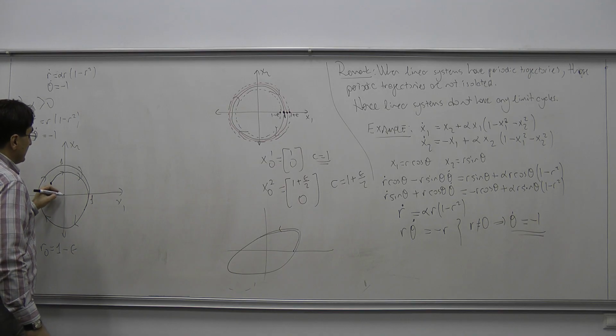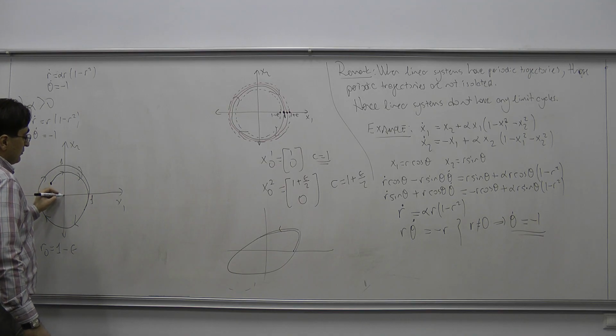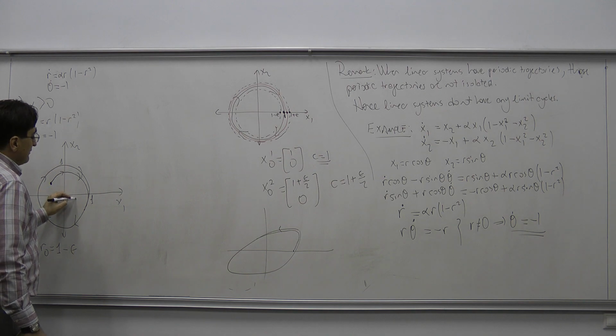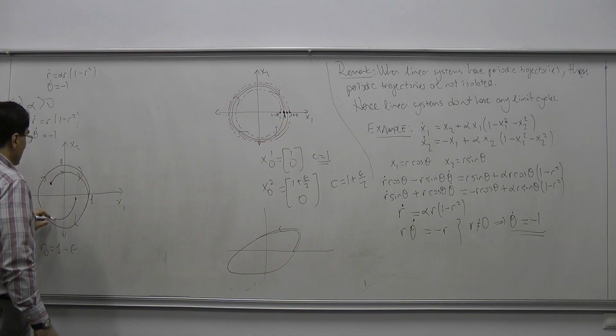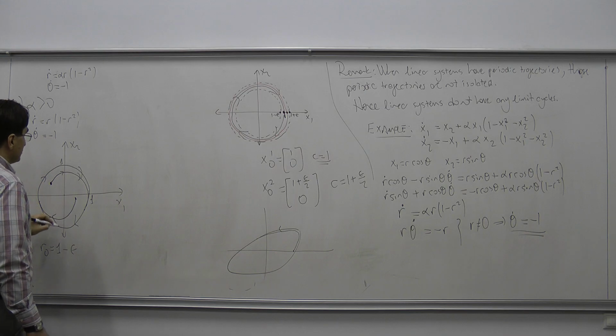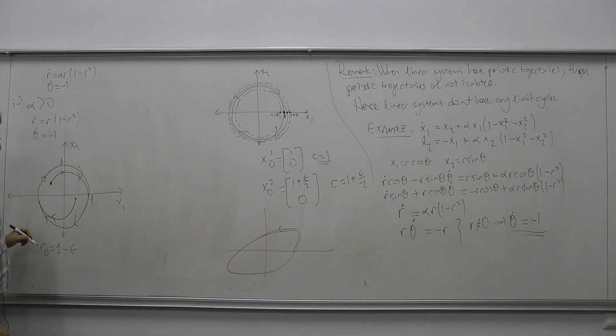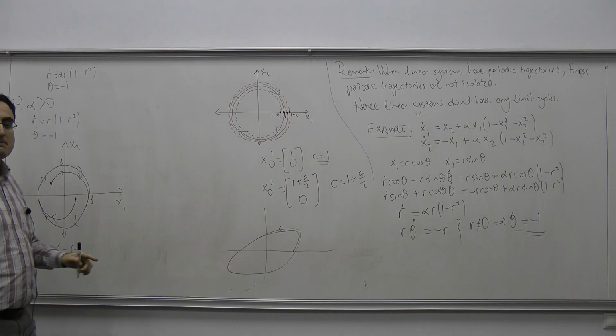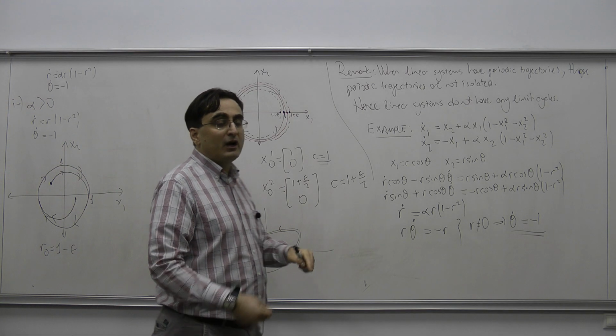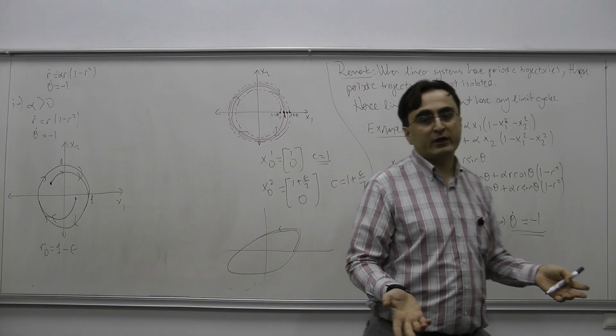So except for the equilibrium point, which is at the origin, wherever I start my system, the trajectories started inside this circle will always converge back to this periodic trajectory. Okay? So inside the original circle, I will never be able to find another periodic trajectory.